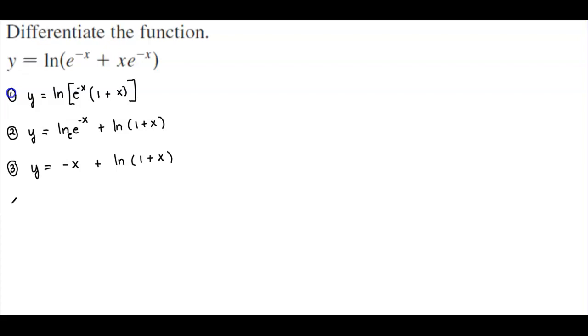Now we want to be able to take the derivative of this function. So we're going to find y prime. Well, the derivative of negative x is going to be negative 1, plus the derivative of the natural log of 1 plus x, which is going to be 1 over 1 plus x times the derivative of what's inside, which is going to be 1.